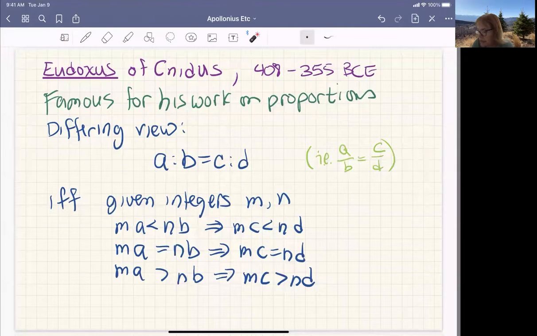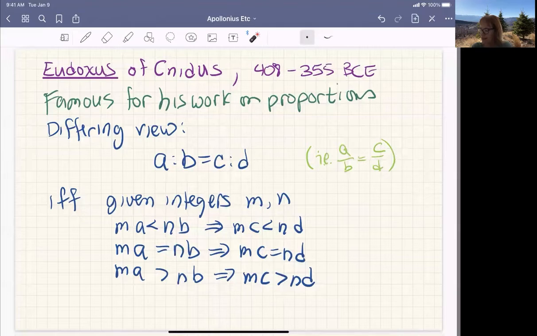Okay, so next, let's just spend a couple of minutes on Eudoxus. So he was earlier than Euclid, and he's famous for his work on proportions. Now, here's how he viewed it. So let's say you have this proportion.